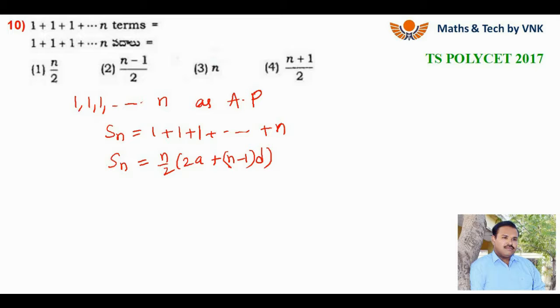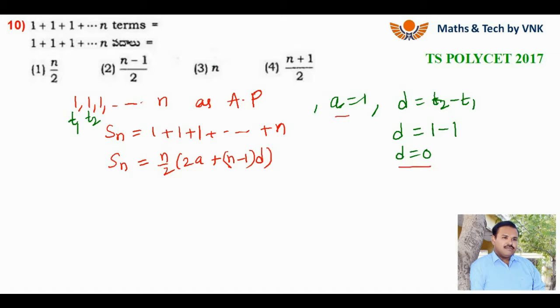Here first term T1 is 1 and second term T2 is also 1. So the first term A is equal to 1 and the common difference D is equal to T2 minus T1. So D is equal to 1 minus 1. So D is equal to 0. Now substituting A is equal to 1 and D is equal to 0 in Sn.